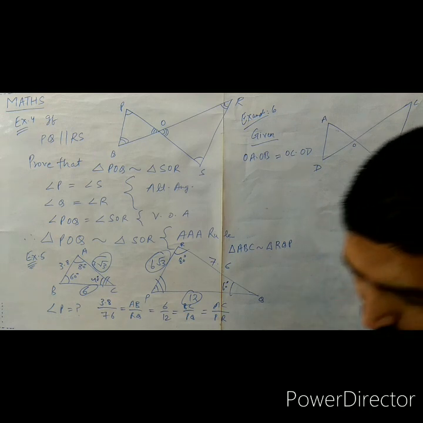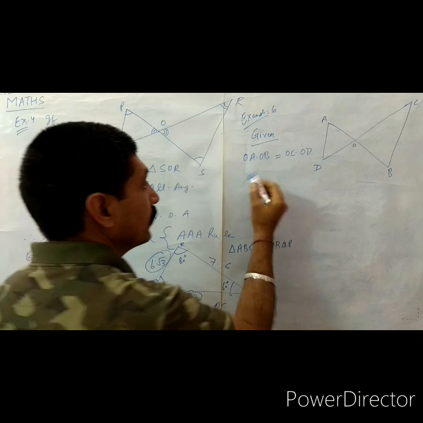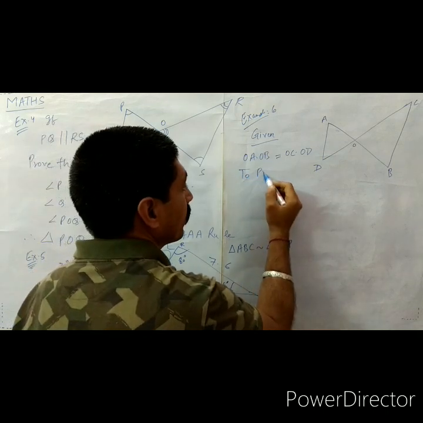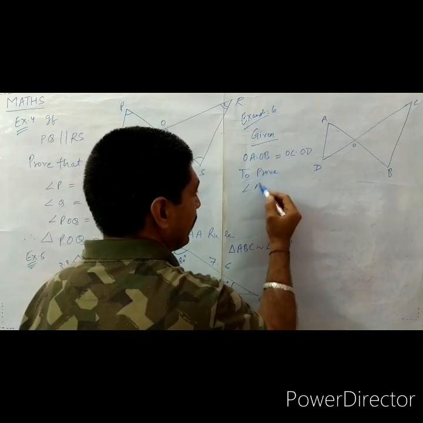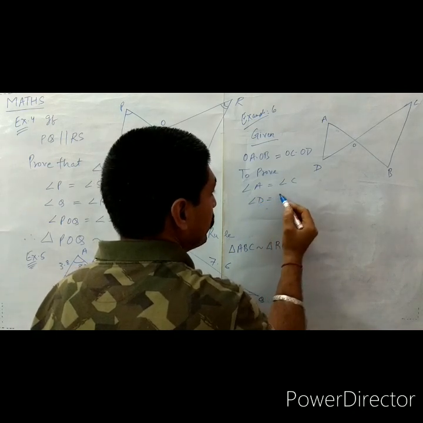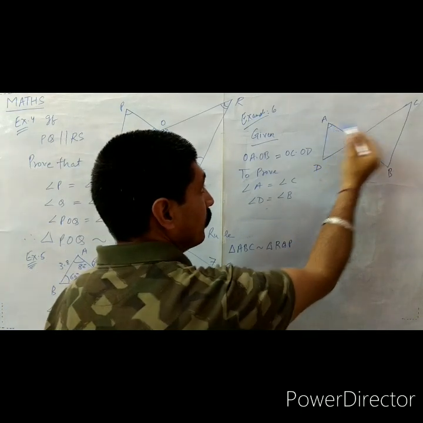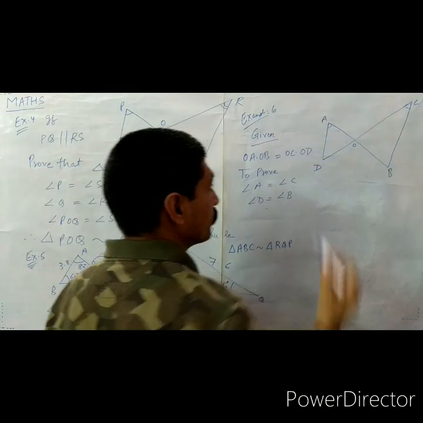So here we want to prove that angle A is equal to angle C, and angle D is equal to angle B.